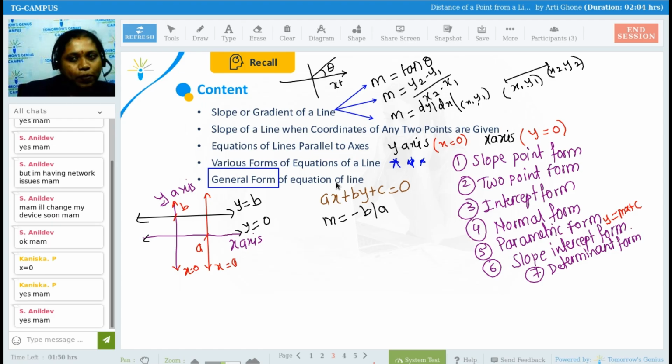So we are getting slope as minus a by b and y-intercept as minus c by b. Clear? These are the things to remember.